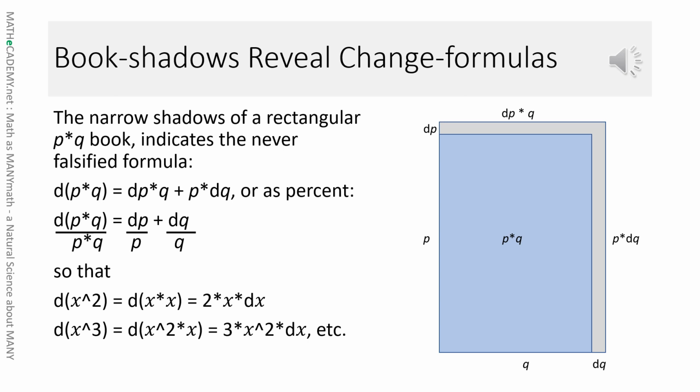Or, as percentages, d, P times Q, over P times Q is dP over P, plus dQ over Q. So that d, x squared, is dx times x, plus x times dx, which is 2 times x times dx. And d, x cubed, is dx squared times x, which is 3 times x squared times dx.